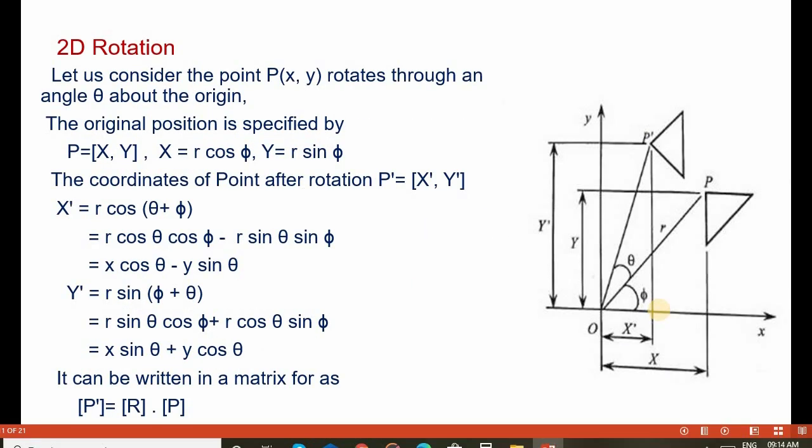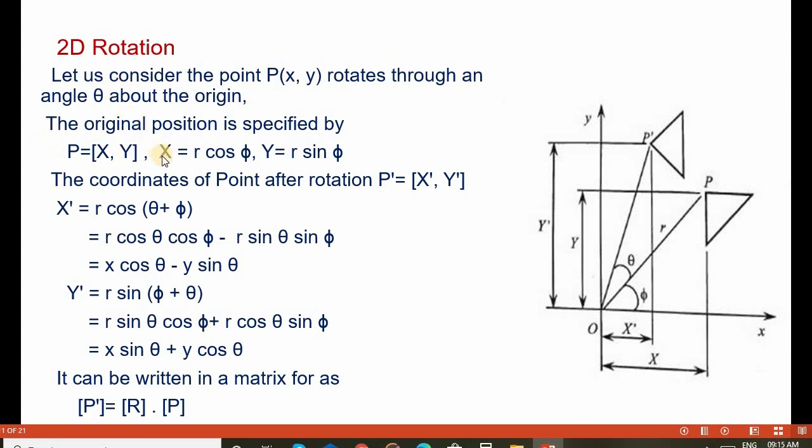How can we rotate the object? What is the basic process? What is the mathematical equation? Let us consider the point P(x, y) rotating through an angle theta about the origin. The original position is specified by P equal to x, y, the initial coordinates of the object.